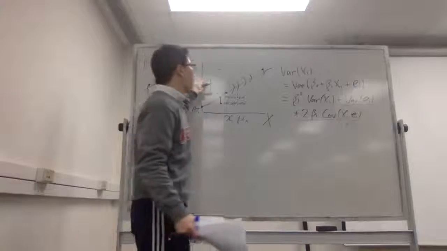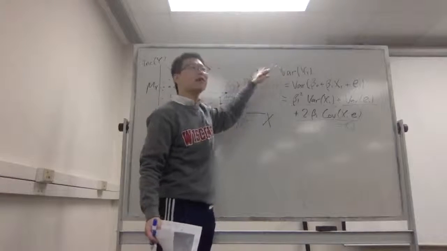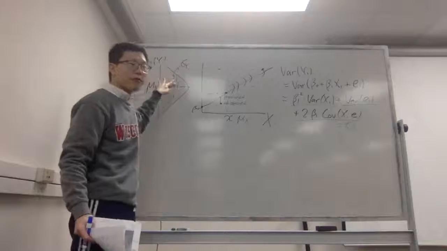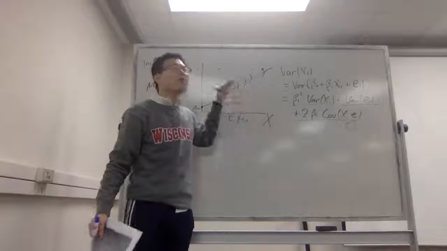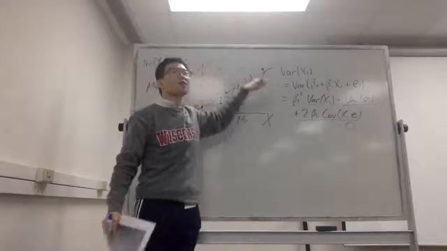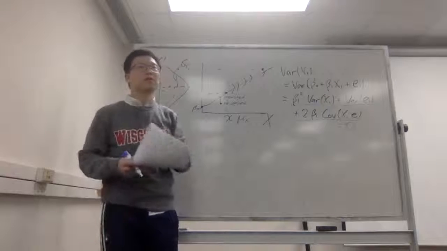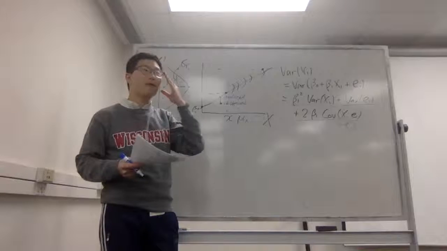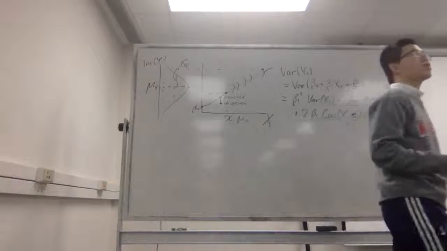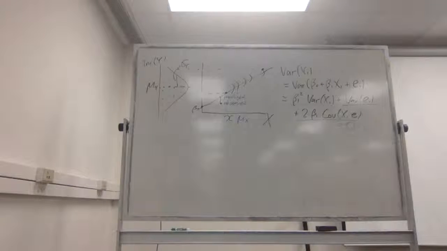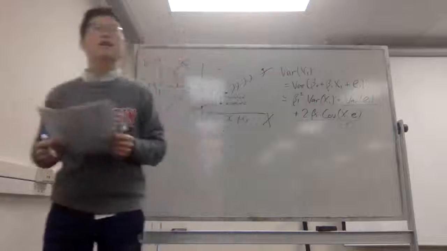We are systematically decomposing this variable's variance into the explained part and the unexplained part via the linear predictor. So that way we have a better understanding of what is driving the variance of the outcome. Does that make sense? Any questions with that?